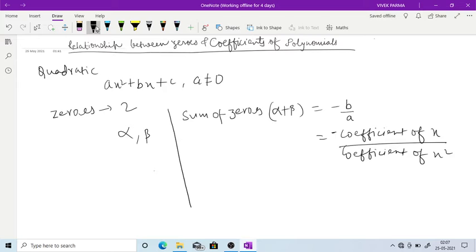And the product of its zeros, that means alpha into beta, will be c upon a. And what is c here?